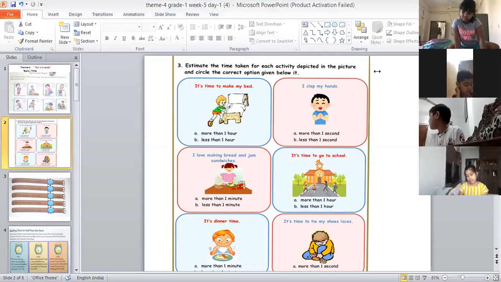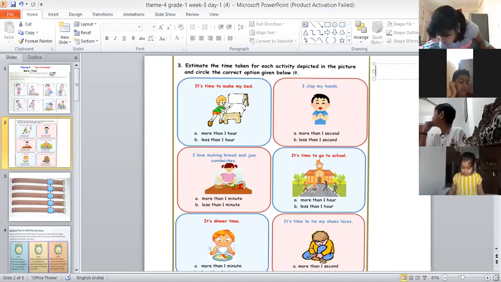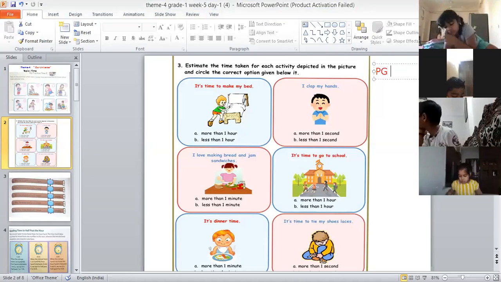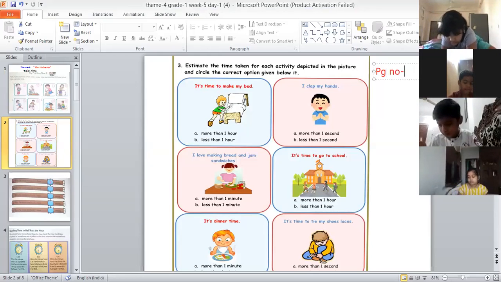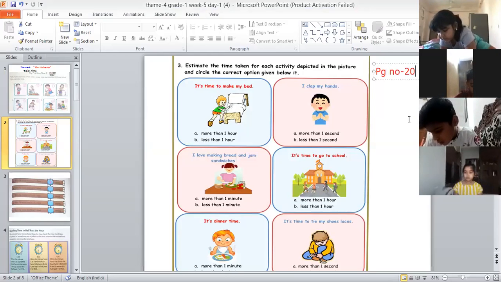I'll write here page number on the side. Again, I'm repeating, what you have to do is you just have to guess. Children, this is page number 2020 of your math course book. I have written here the page number.